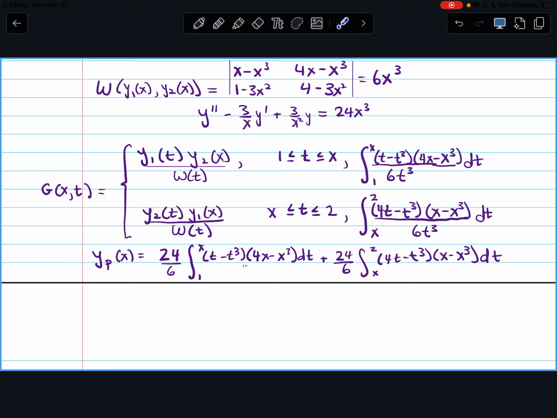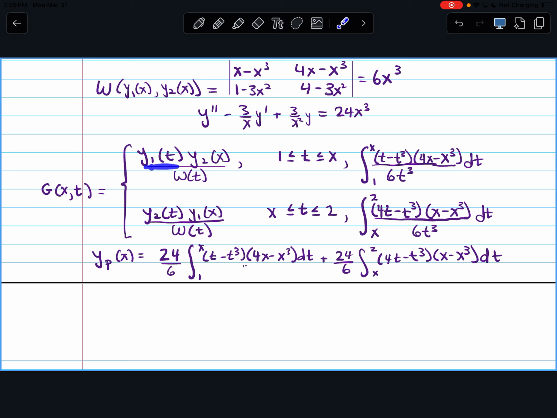I'm going to take the y1 first. I take y1 evaluated at t times y2 of x over W. In other words, I take the part associated with my y1.